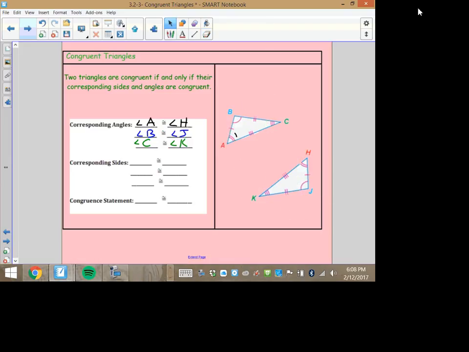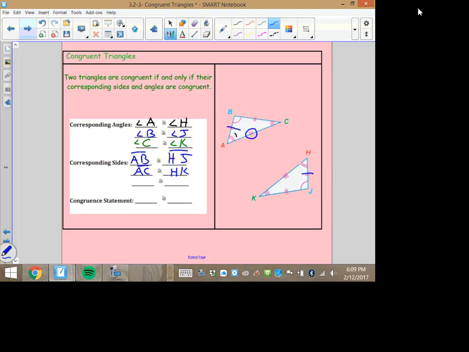Now matching up our sides, we see that side AB has the one tick, so that is congruent to side HJ. And be matching up those parts. Note how A and H were congruent, so that's why we're putting A and H both first. So make sure you're matching those up correctly. Also, side AC is congruent to side HK.